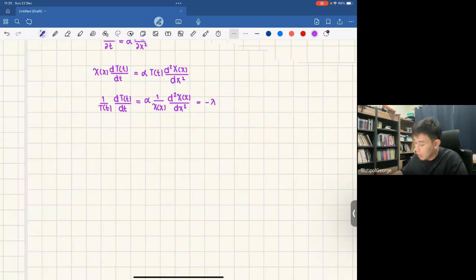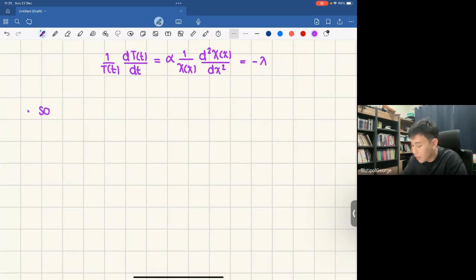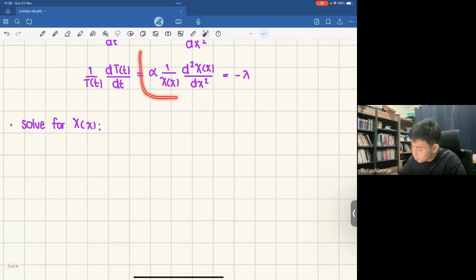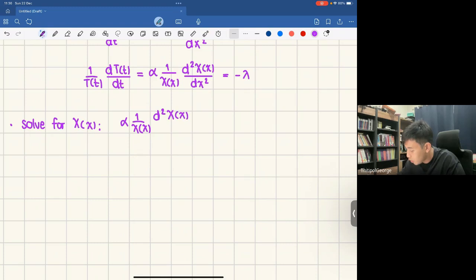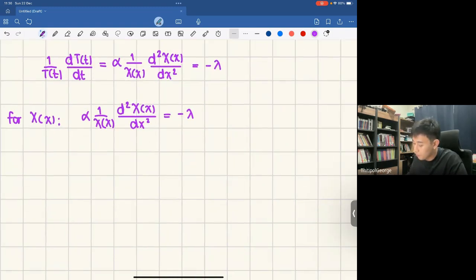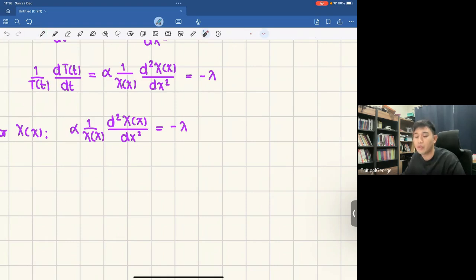Now let's solve for X first. So for X, we get from this alpha times 1 over X, d²X/dx² equals negative lambda. So we can bring this to divide, and then bring this back to add up.